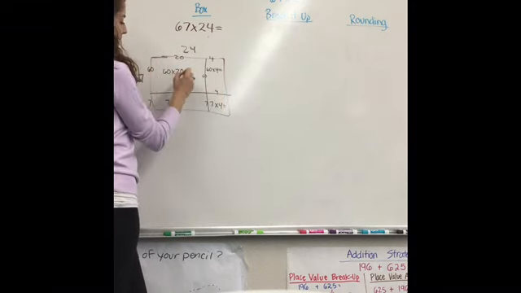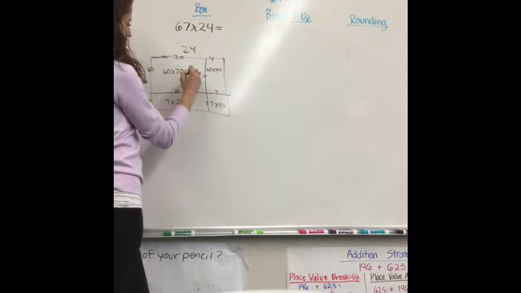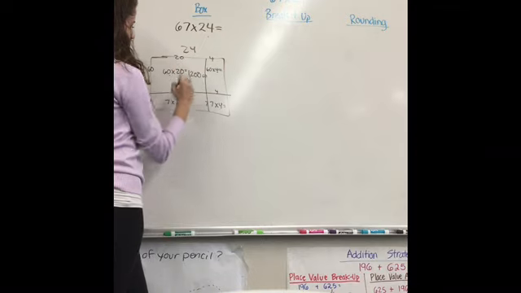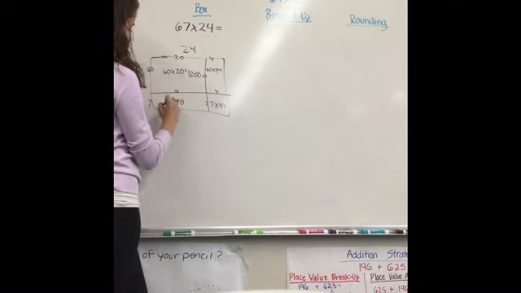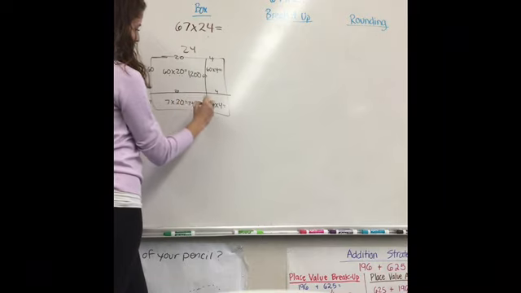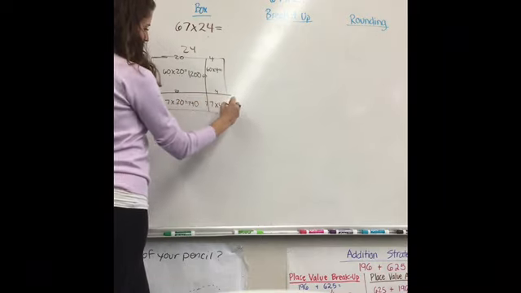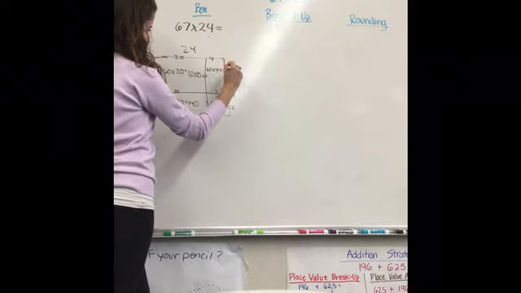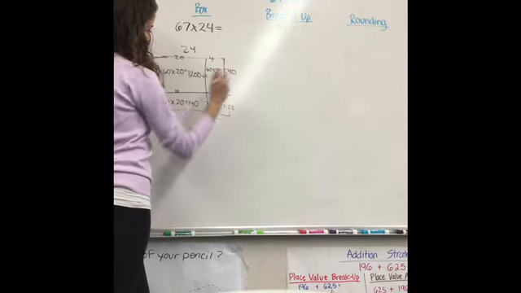So 60 times 20, well 6 times 2 is 12, plus 2 more zeros. 7 times 20, 7 times 2 is 14, add a 0. 7 times 4 is 28. 60 times 4 is, well 6 times 4 is 24, add that 0.